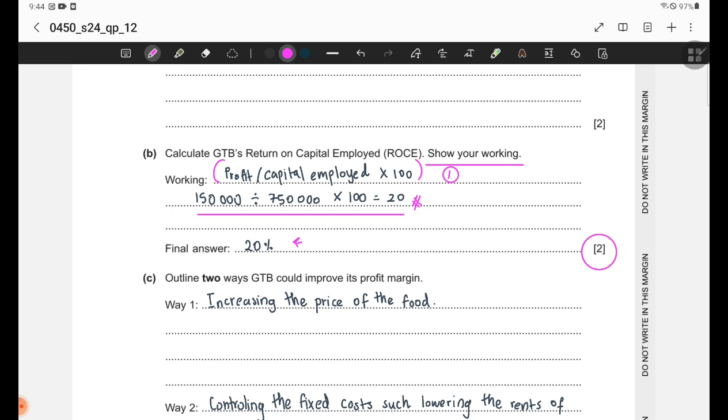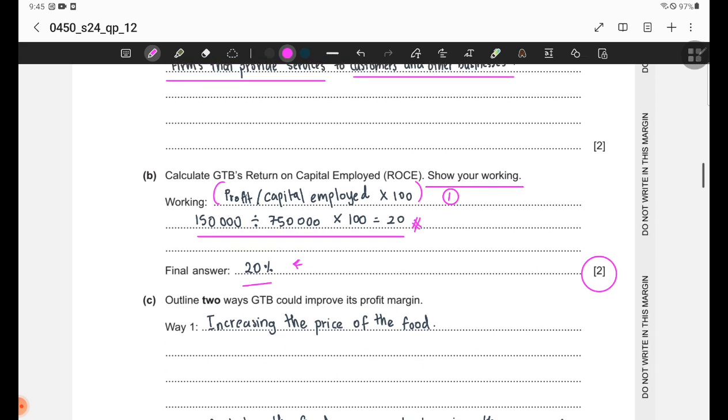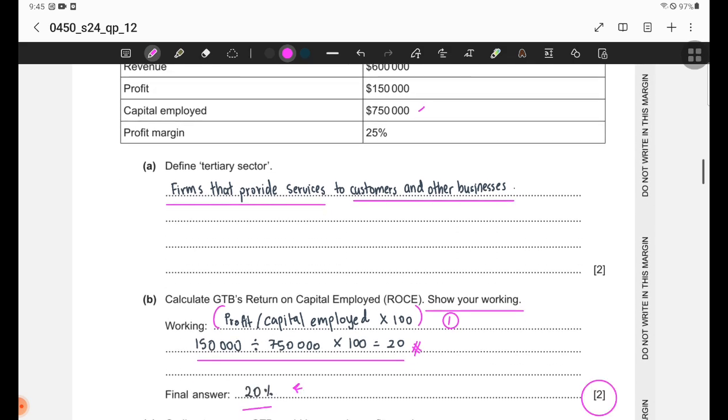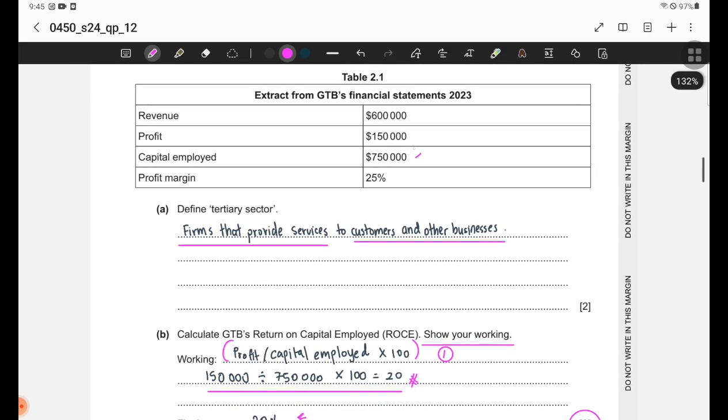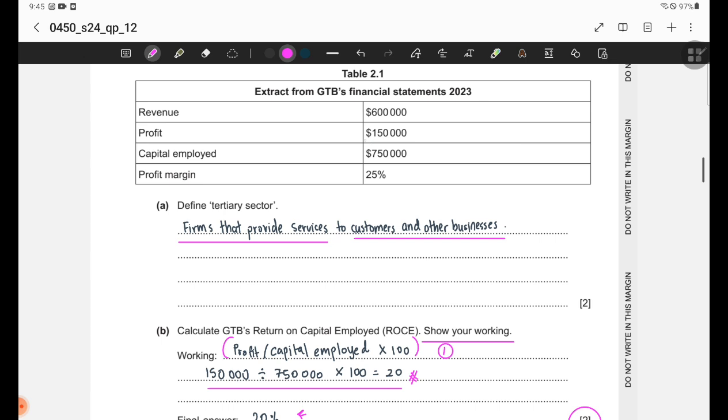And I think this is common sense, because in your math exams and physics and all those other subjects that require numbers, this is the case for most of the mark allocation. So make sure you have both, but again, if you only had this and this was correct, you'll still get 2 marks. For the calculation, the numbers, I took them from this. It's obvious here. So you take your profit, and then you divide it by the capital employed, and then times 100.